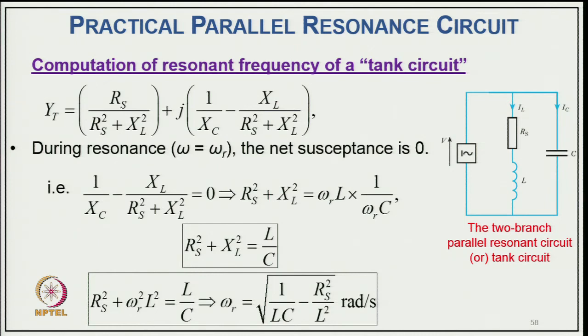So R_s square plus X_L square equal to omega_r L into 1 upon omega_r C, or R_s square plus X_L square equal to L upon C. So R_s square plus omega_r square L square equal to L upon C, or omega_r equal to under root 1 upon LC minus R_s square divided by L square radian per second.